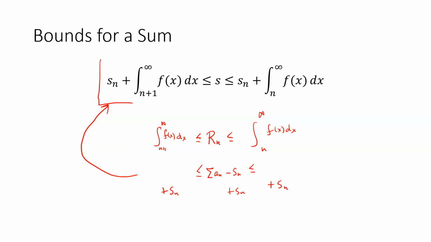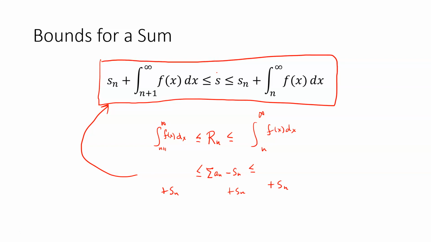So this will tell us that the actual sum of the series, S, will be bounded somewhere in between that partial sum, Sn, plus the integral from n to infinity on the upper end, and Sn plus the integral from n plus 1 to infinity on the lower end.